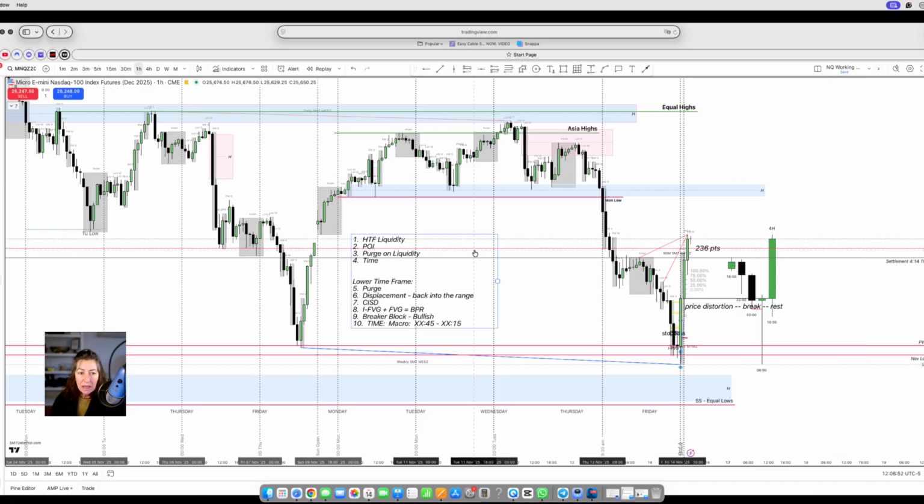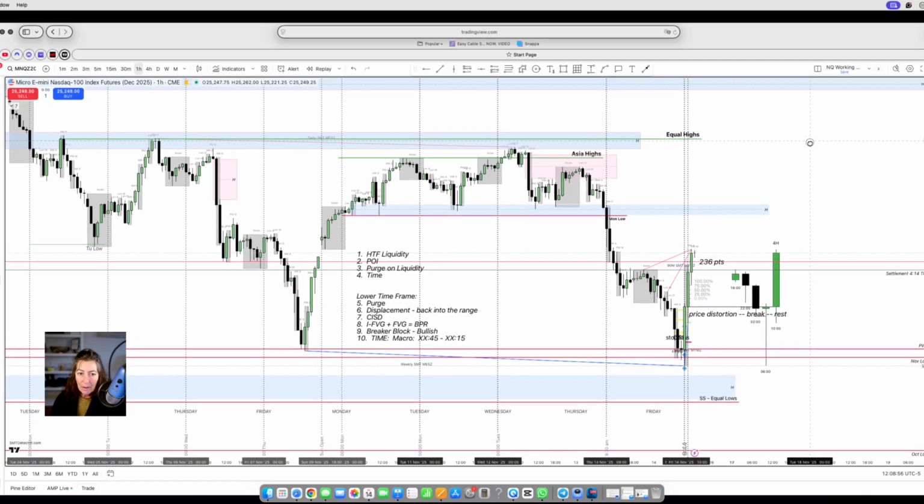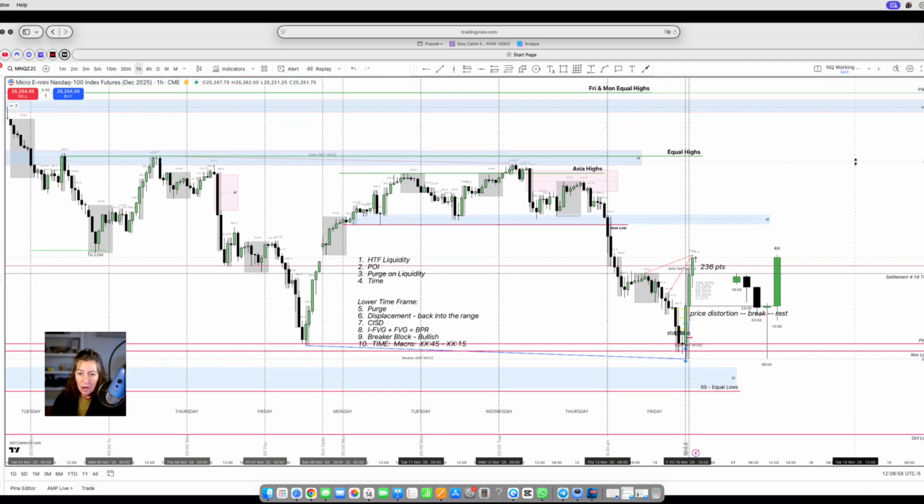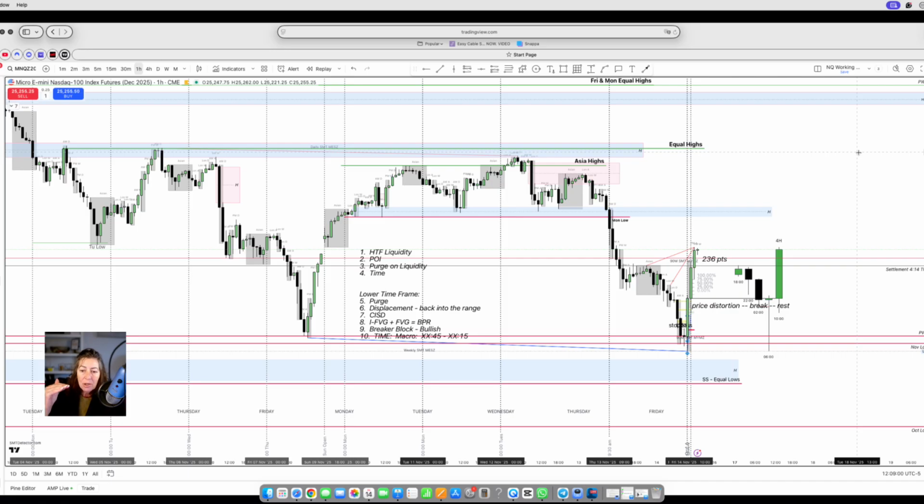Having this hierarchy, this larger time frame mapped out on your chart, gives you anticipation of where price wants to go. And having your 4-hour candle embedded in the chart is really of great benefit, so you're not moving back and forth.